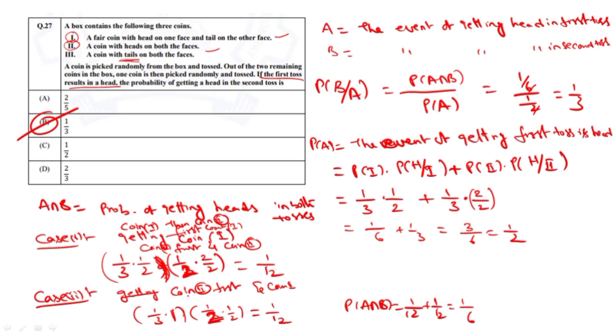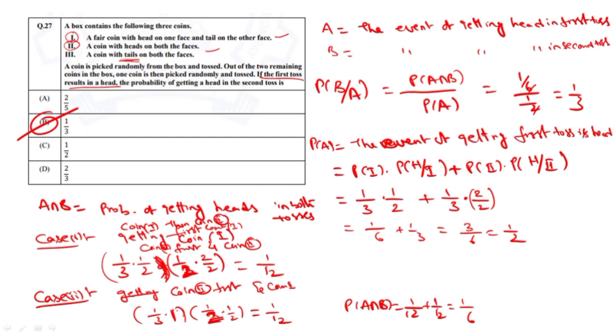Case 2: first getting coin 2, then getting coin 1. Getting coin 2 is 1 by 3 ways, and the probability of getting head is 2 by 2. After removing coin 2, only 2 coins remain, then getting coin 1 is 1 by 2 ways, and from coin 1 getting head is 1 by 2 ways.